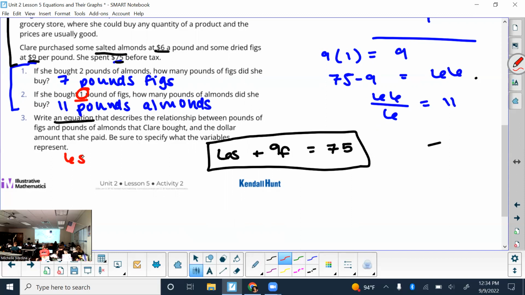So then it's 6S plus 9 times 1 for F equals 75. What's the first thing I would do? Multiply, just like you did on your scratch work. What's 9 times 1? 9. And then what was the next thing you did?